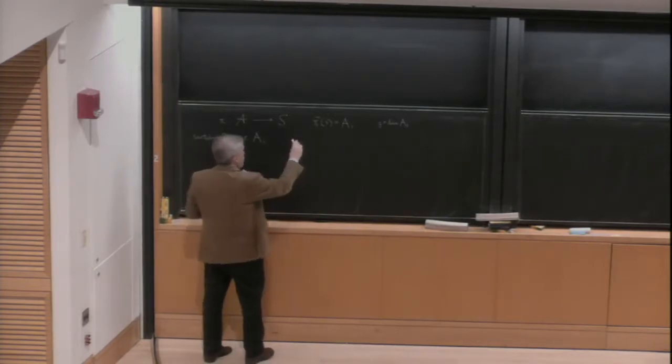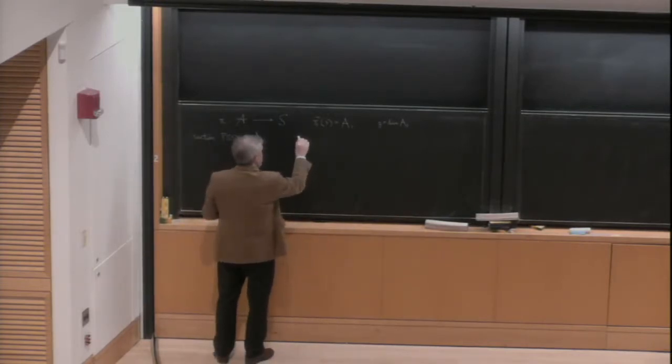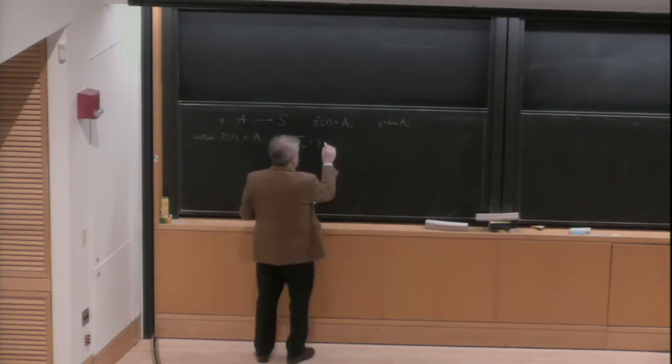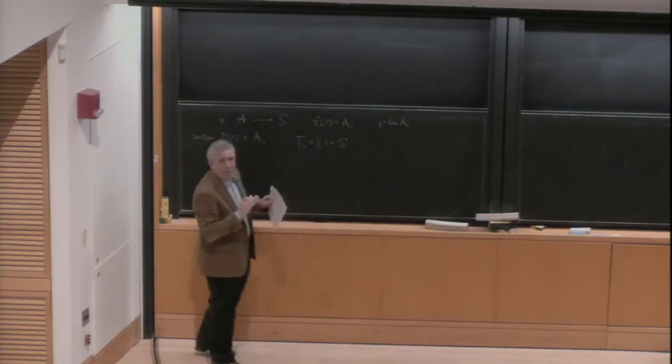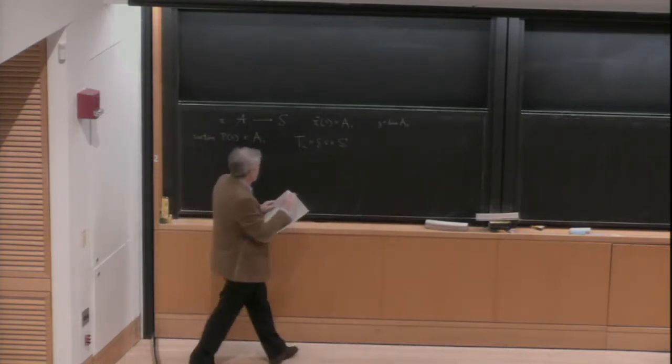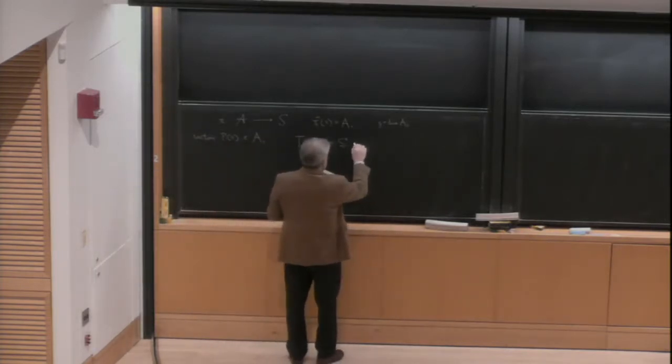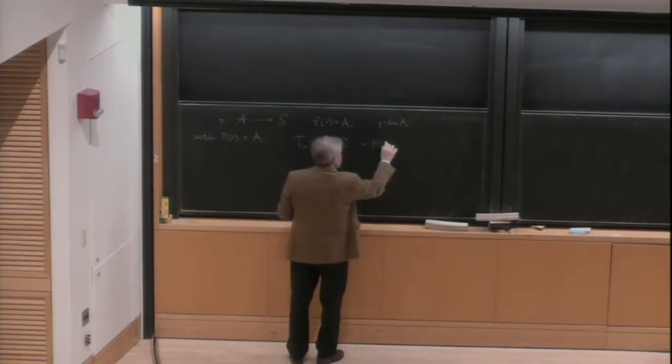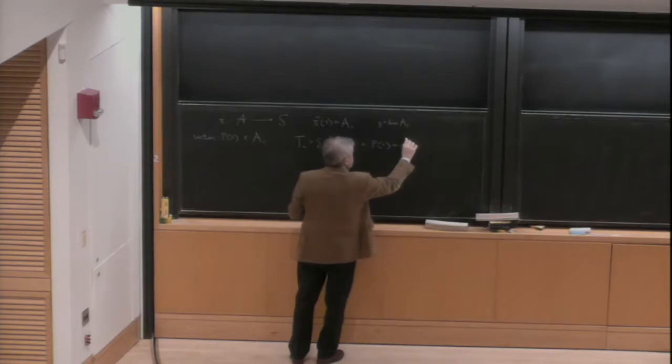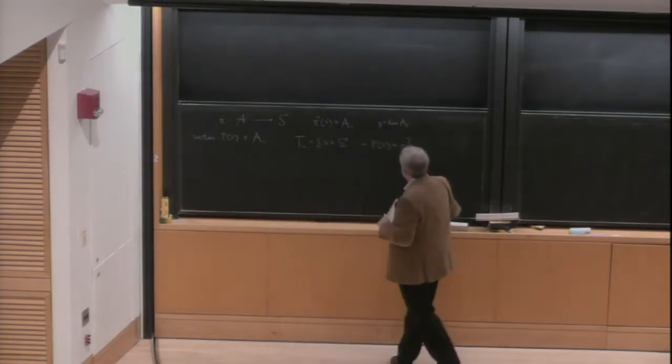As a matter of notation, again, we call T_n the set of small s in capital S, here we work over the complex numbers, such that n times P of s is the origin of A_s.